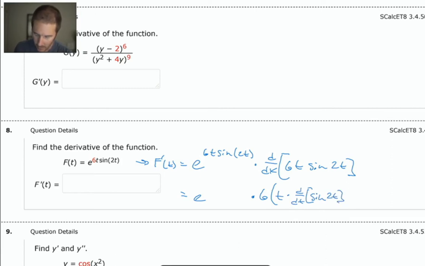But check this out. Well, let's finish writing out the product rule plus we'll take the derivative of t, which is a 1, and we'll multiply by just the sine of 2t. Let me go back here and put this exponent in.